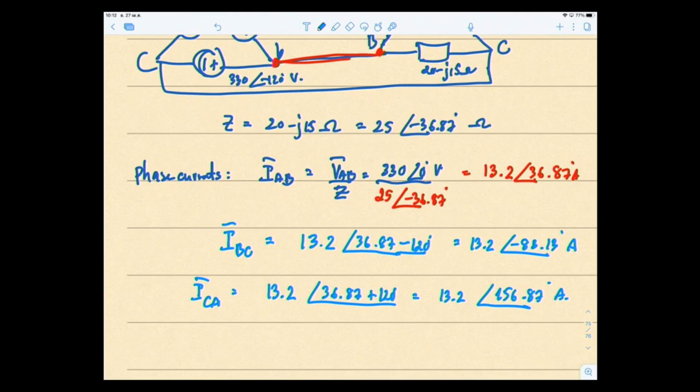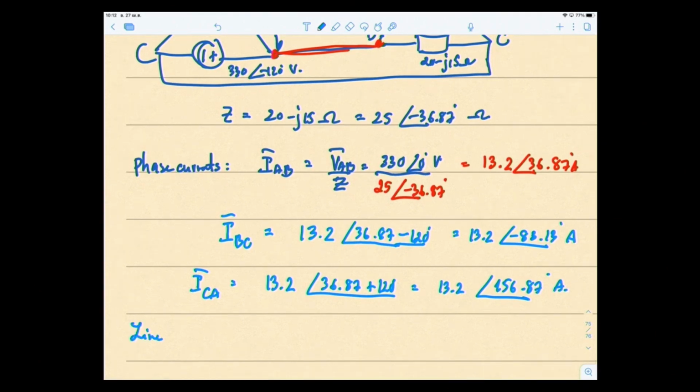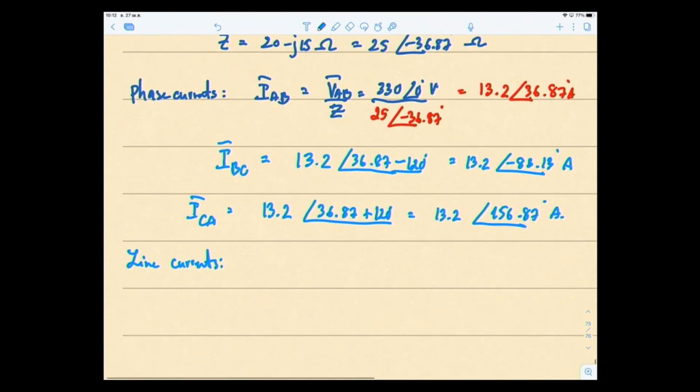Now the line currents. The line current IA, using KCL, equals IAB minus ICA.